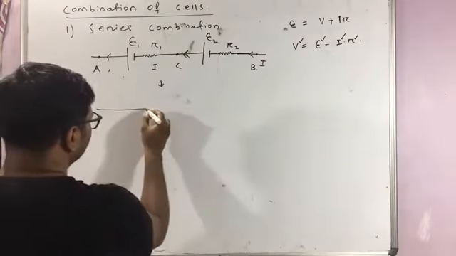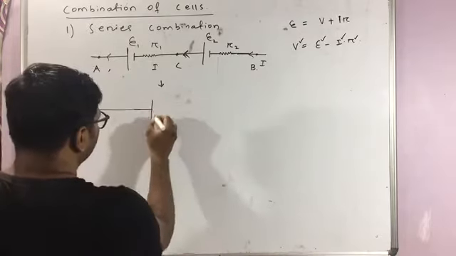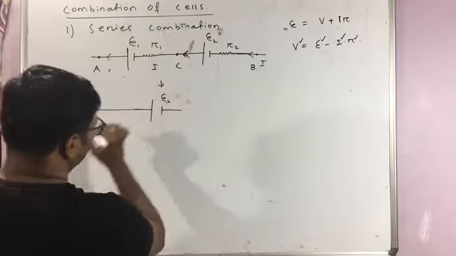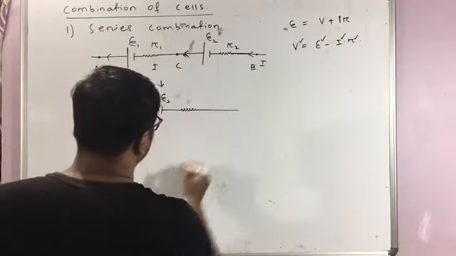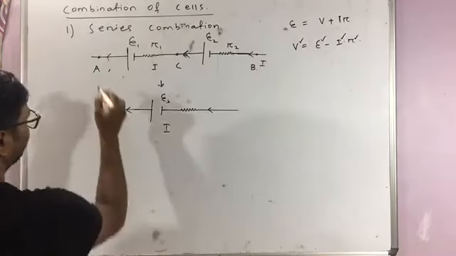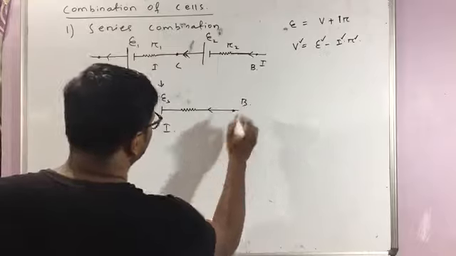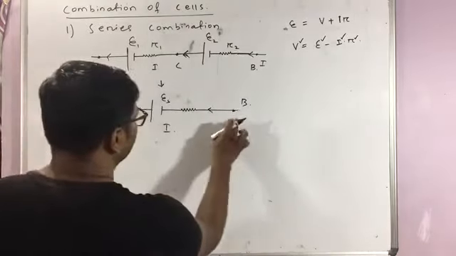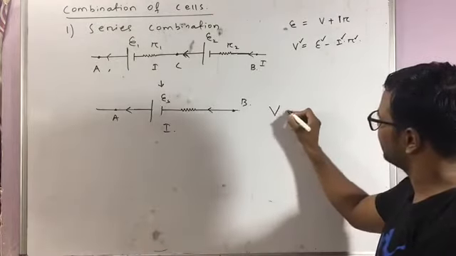If you take a single cell, let's say the EMF is ES, and the internal resistance is like this, and the current sent by this cell is also I. Means this point would be A and this point would be your B. Across AB, the terminal potential difference is V.